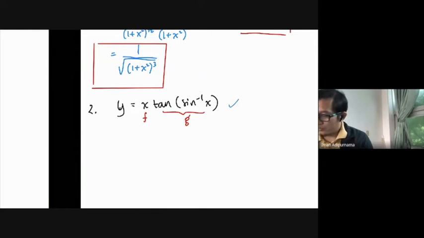Okay, so we can start with writing the product rule formula first, if you want, that's fine. Let me just write f prime g plus g prime f.